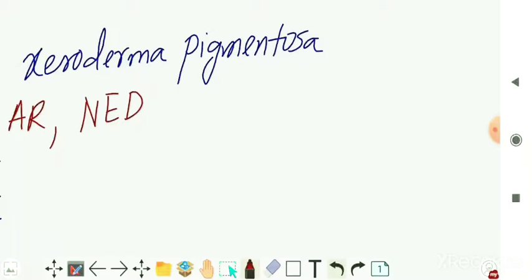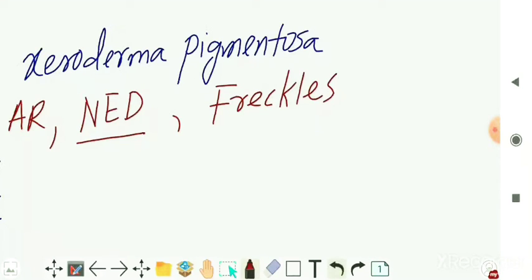In nucleotide excision defect, DNA once damaged does not get repaired. Another feature which is seen in xeroderma pigmentosum is freckles. These freckles can be seen over the dorsum of hand or face, and in young children these freckles can get converted into squamous cell carcinoma.